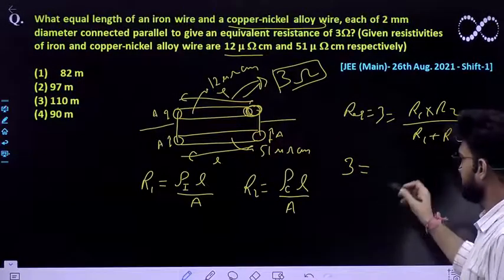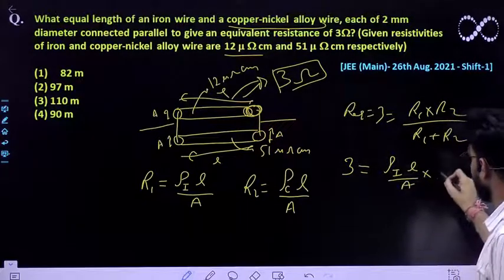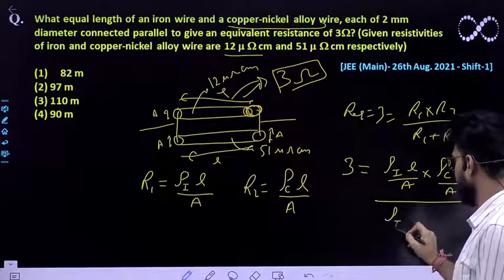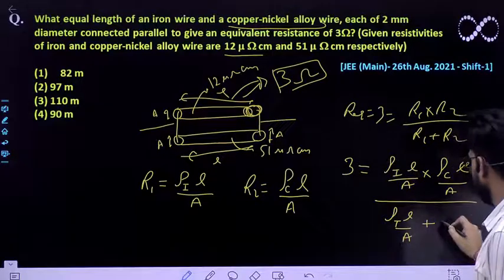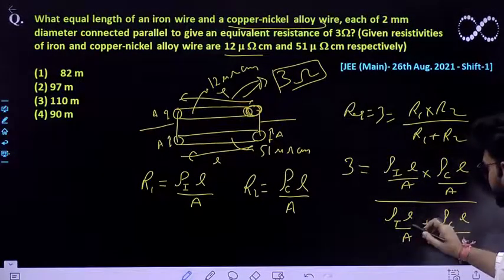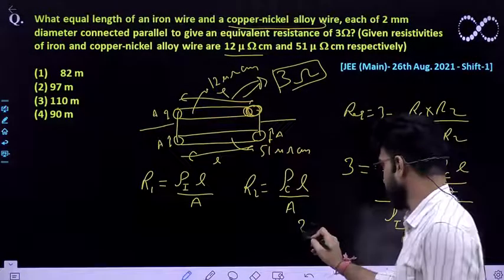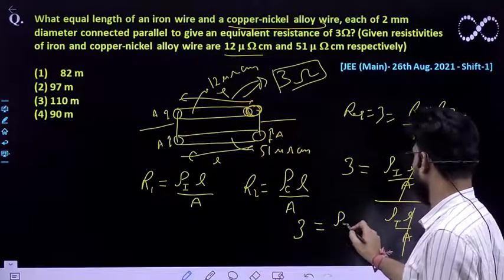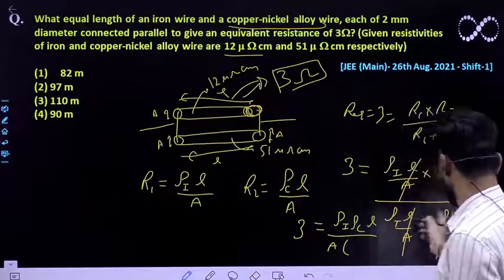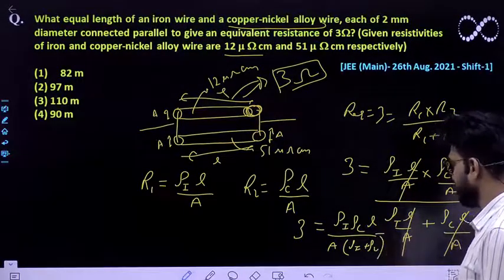R1 is rho I L by A, R2 is rho C L by A, divided by rho I L by A plus rho C L by A. If I take out L by A from the expression, you'll get 3 equal to rho I rho C L by A divided by rho I plus rho C, which can be added up.